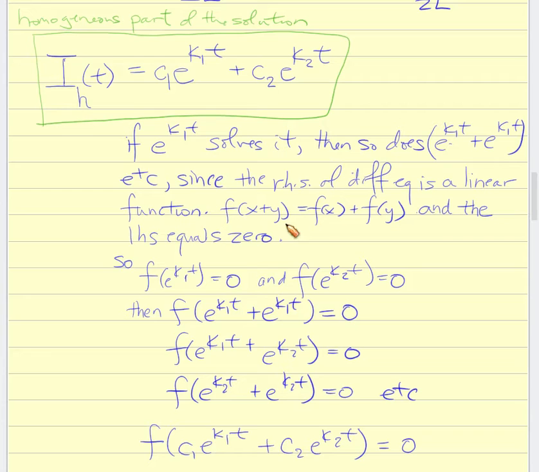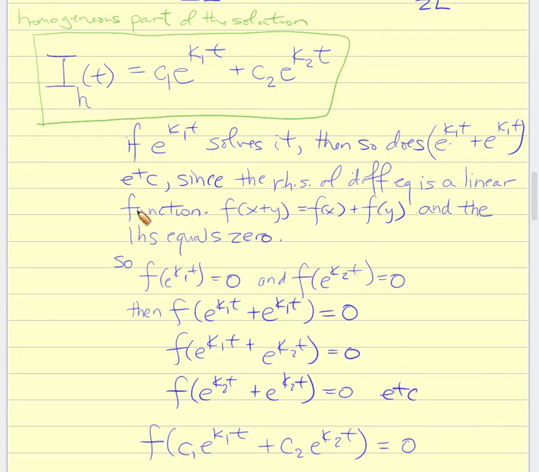This wouldn't happen if the left-hand side of the differential equation was some constant, because each time we plugged in what we had as a solution, adding another solution to what we plug in would increase the output of the function.